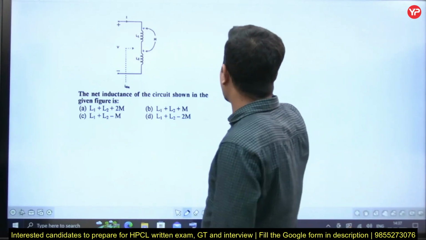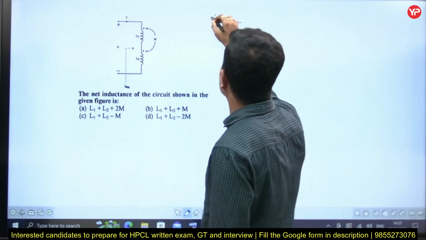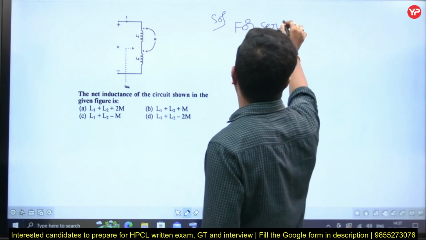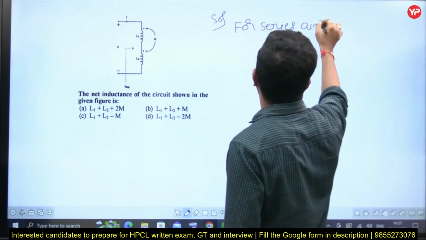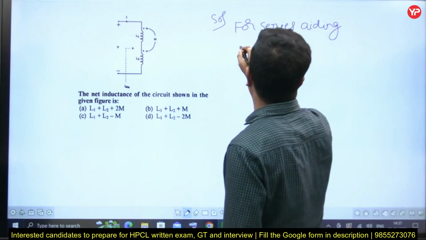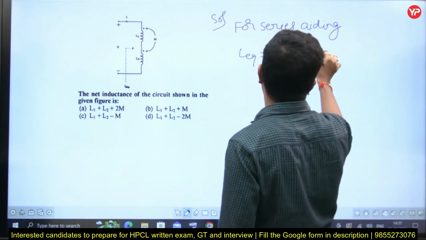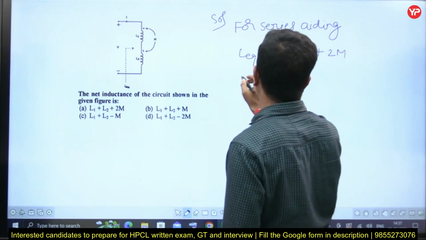For series aiding, L equivalent is equal to L1 plus L2 plus 2M.